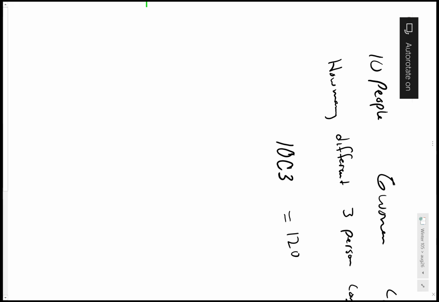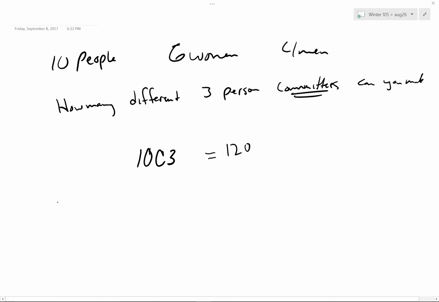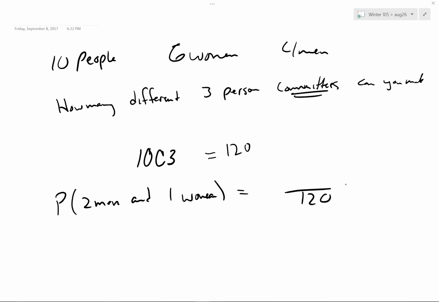You could ask them, what's the probability that you get 2 men and 1 woman? We know the denominator is 120 because there are 120 ways to select 3 people out of 10.